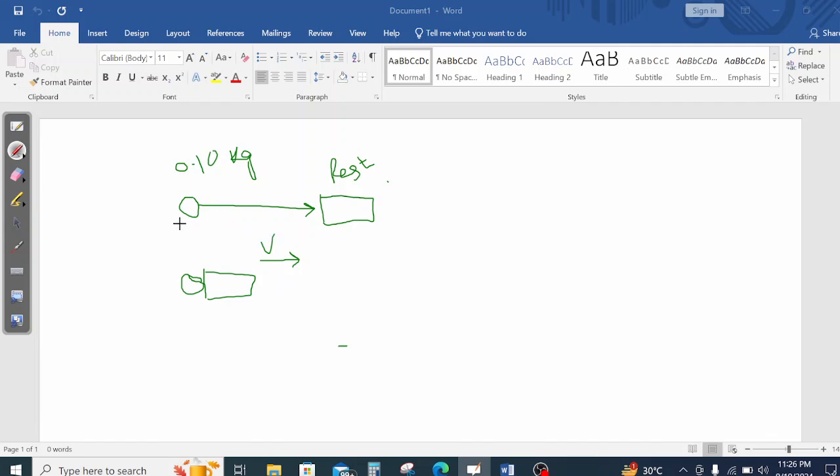In that case, remember, this question is basically related to the law of conservation of momentum.